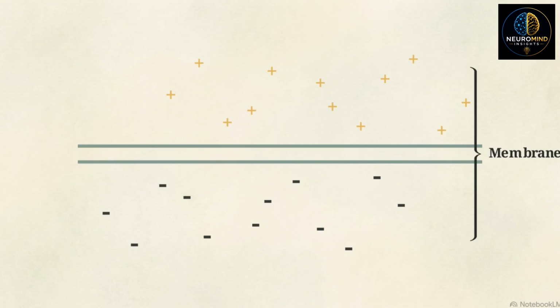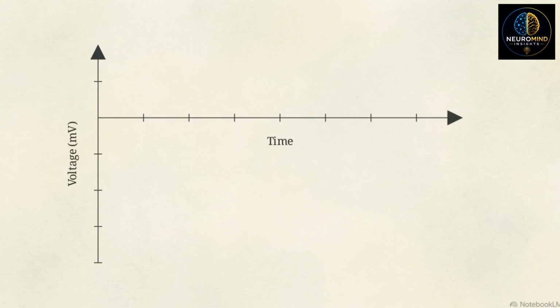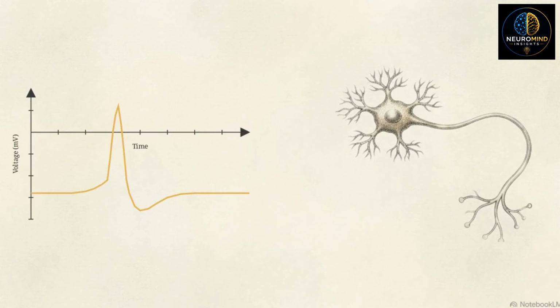The foundational metric for this entire computation is membrane voltage, the difference in electrical charge between the inside and the outside of the cell. This chart maps voltage over time, tracing the action potential, the universal roadmap for a neuron's electrical spike. This entire wave is generated at the axon hillock, the funnel-like structure connecting the cell body to its long axon.